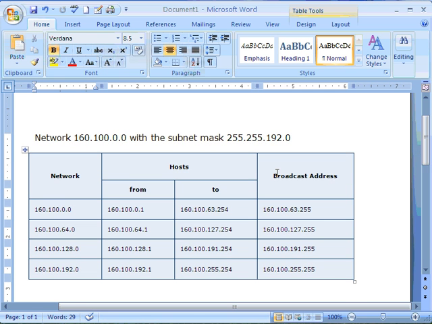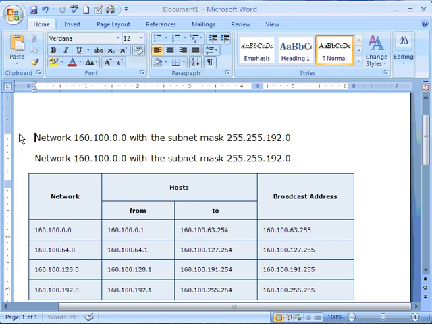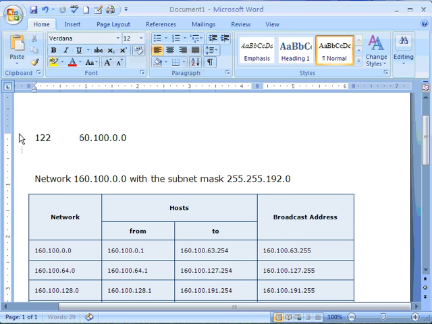We want to borrow 2 bits, and if you remember from your table, borrowing the 2 bits, you're going to have a range increment. Let's do the little table again.